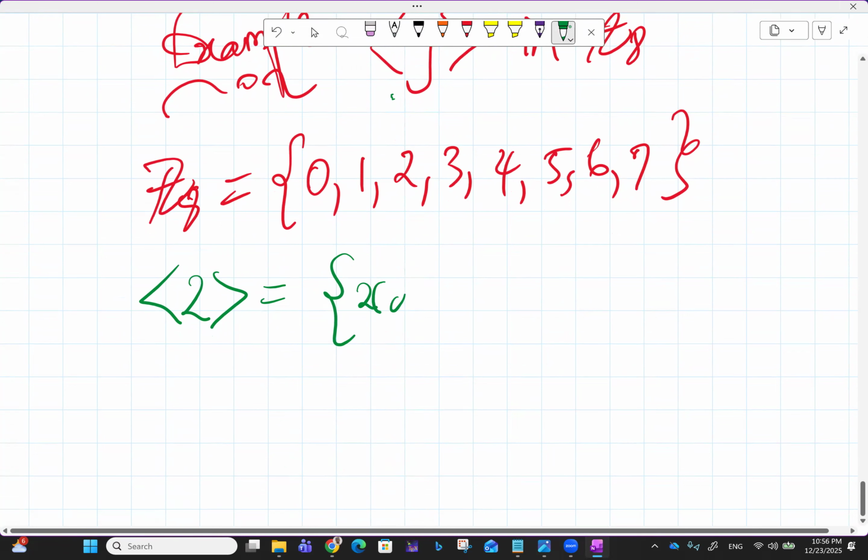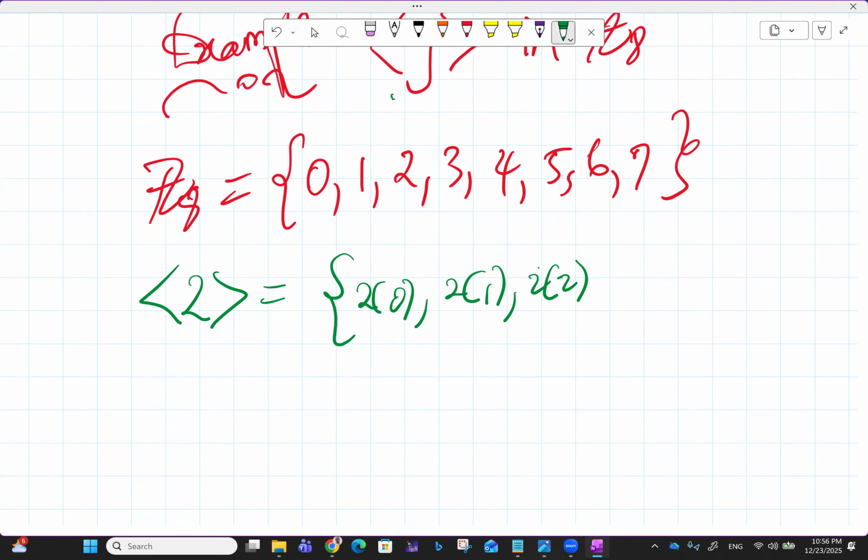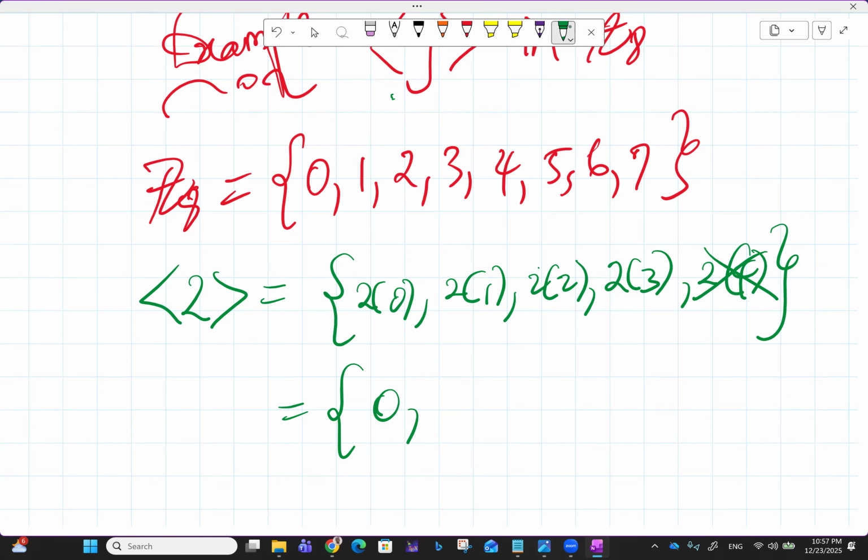So you have 2 times 0, 2 times 1, 2 times 2, and 2 times 3 is also okay. But 2 times 4 will be 8 already, which won't work. So this is 2 times 0 is 0, 2 times 1 is 2, 2 times 2 is 4, 2 times 3 is 6.